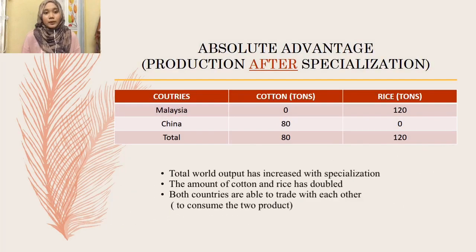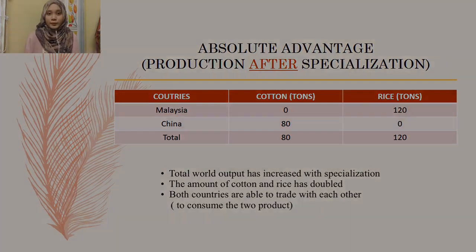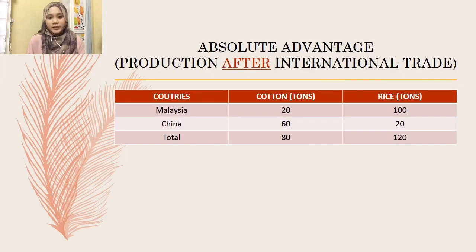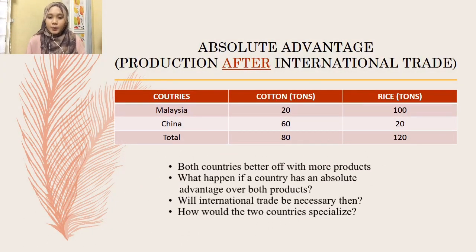Clearly, the total world output has increased with specialization, where the amount of cotton and rice produced has doubled. With specialization, both countries are able to trade with each other in order to consume the two products. Both Malaysia and China are better off with more products after international trade takes place.